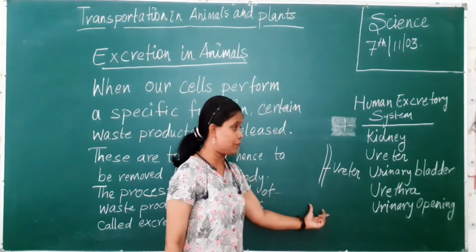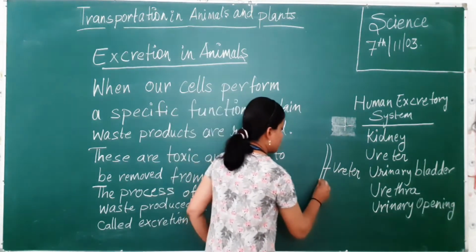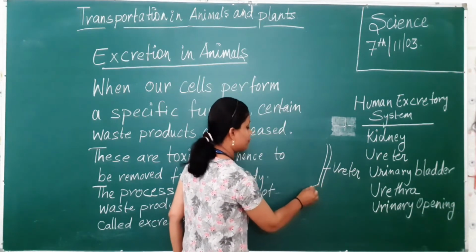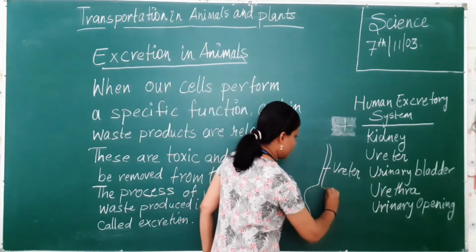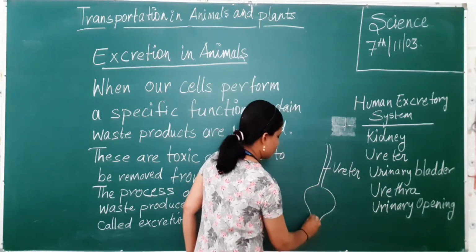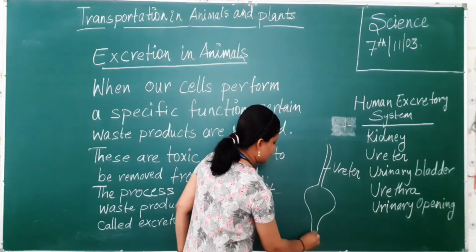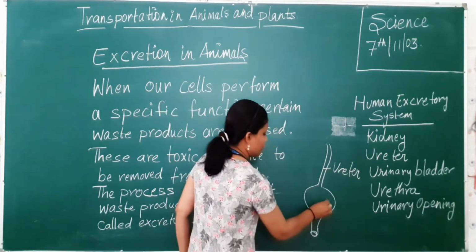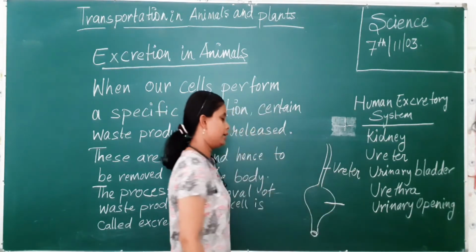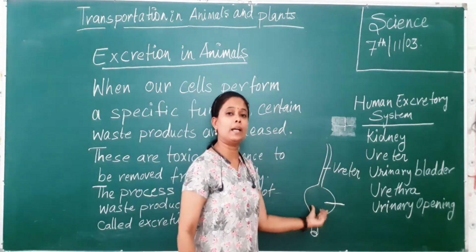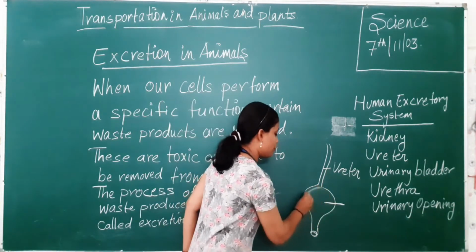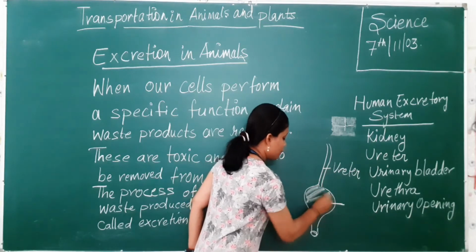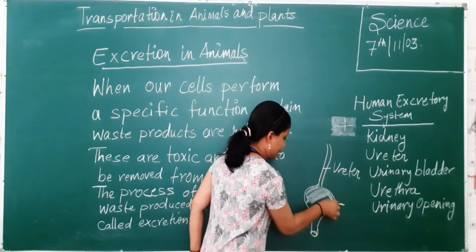Now downside, if you see, the ureter is connected with the urinary bladder. What is it connected with? It is connected with the urinary bladder. What is the urinary bladder? It is a kind of bag.